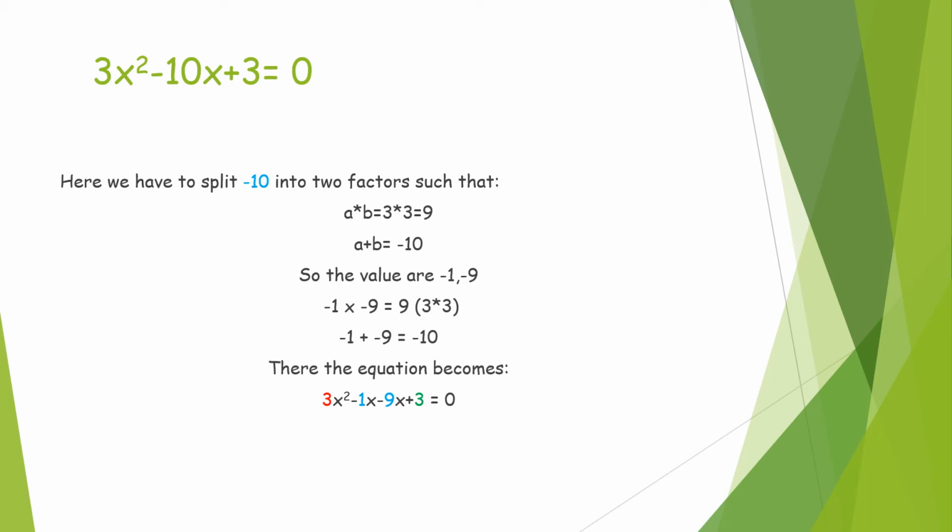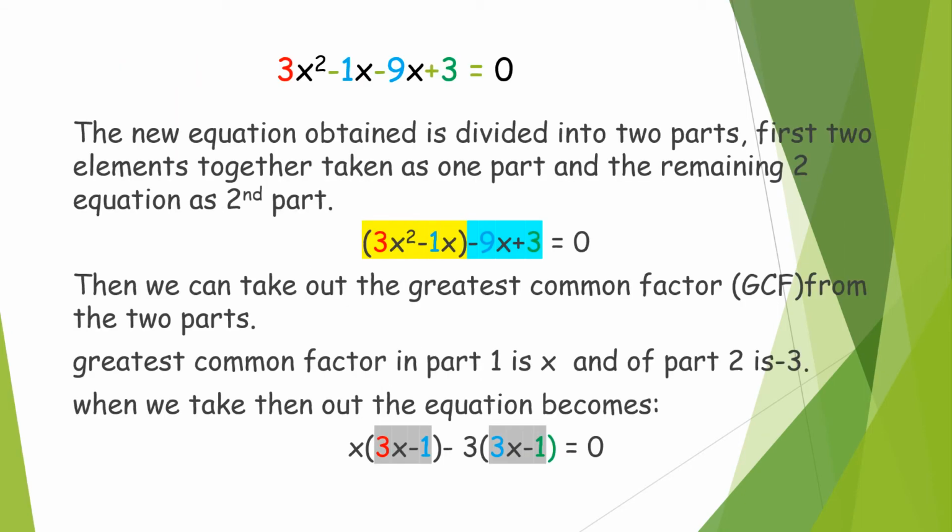So, the given equation will become 3x square minus 1x minus 9x plus 3 equal to 0. Now, in the next step, we have to divide the equation obtained into two parts. The first two terms should be taken together and the rest of the terms should be taken together.